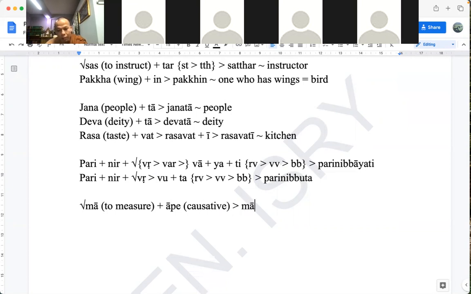So we have the mabe. Okay. The meaning of mabe is literally to cause somebody to measure. So that means to build. Okay. But in other ways, so mabe also create also. Create, to build. So mabe, and the mabita.